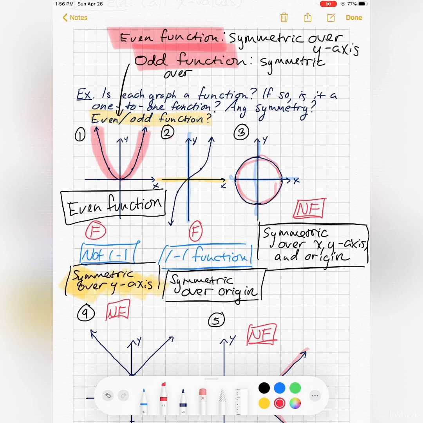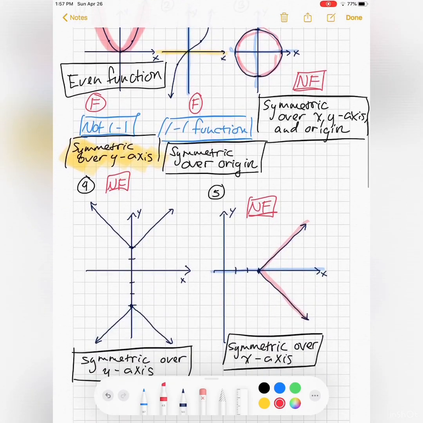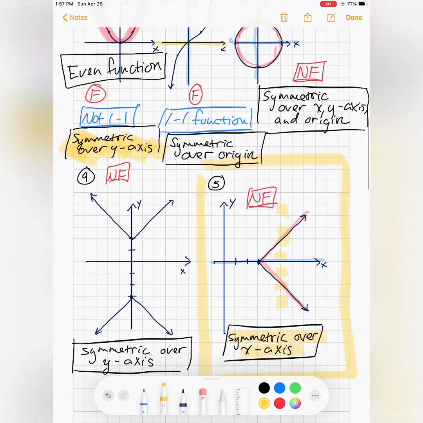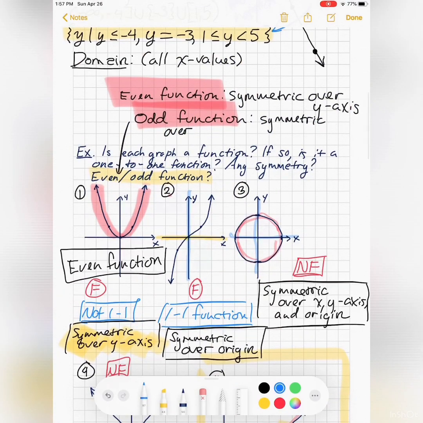Remember, these terms only apply to functions. Here's a graph that's symmetric over the x-axis. It would not be possible for this to be a function, would it? Because then it would not pass the vertical line test. So an odd function is a function whose graph is symmetric over the origin.